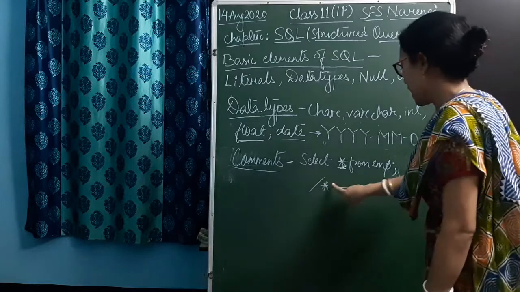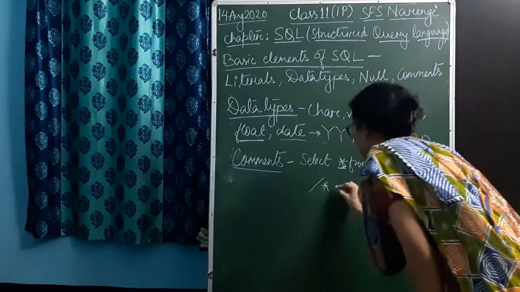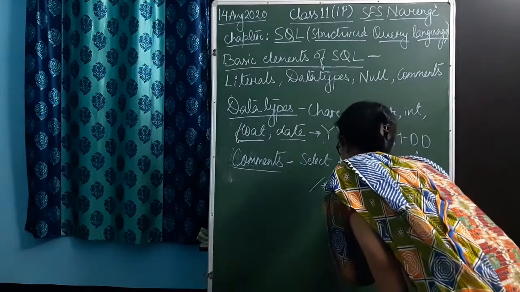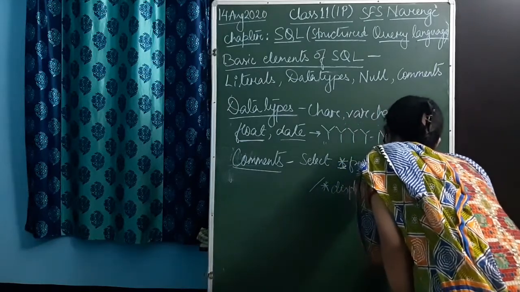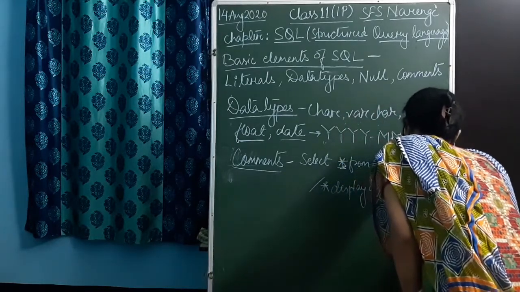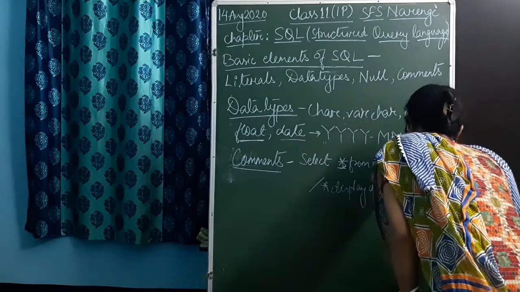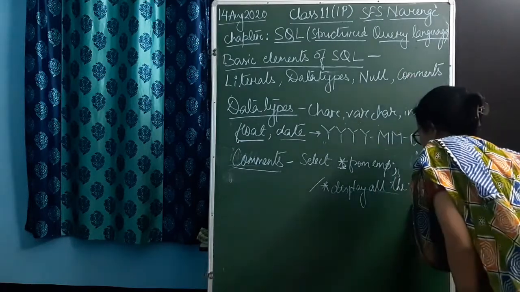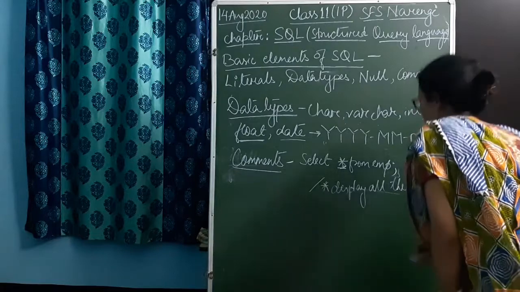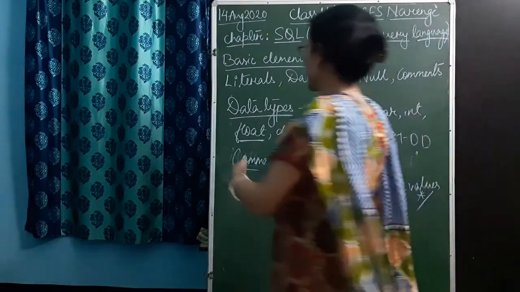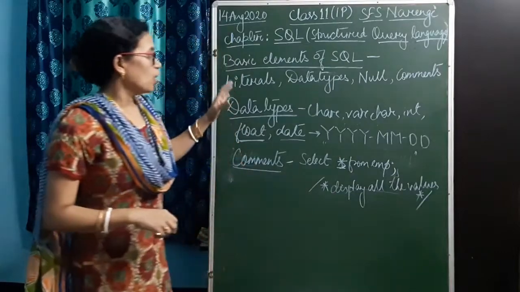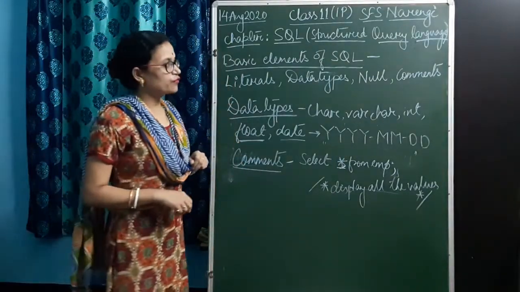Clear, students? I am going to write the comment here as display all the values. Then how do I close this? Again with an asterisk symbol and a slash.